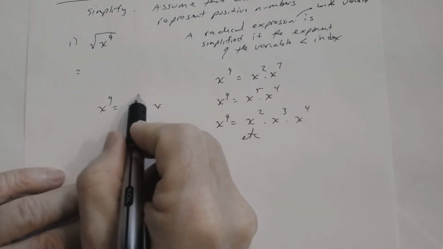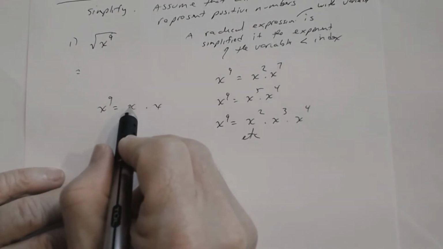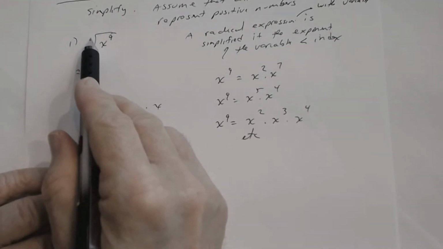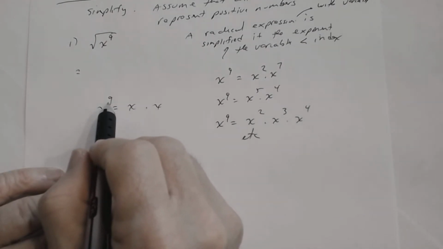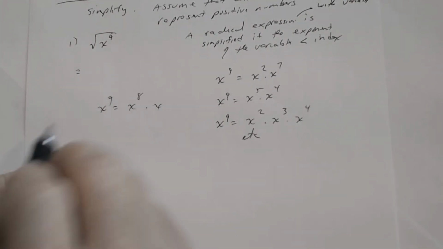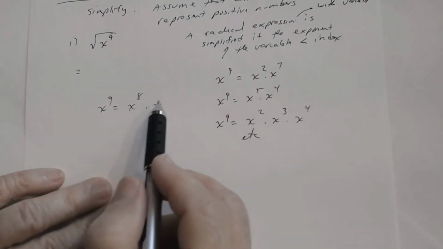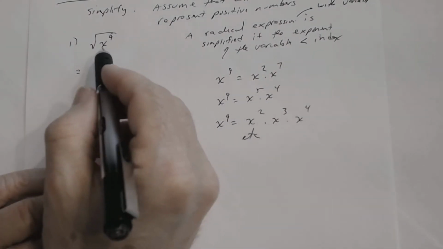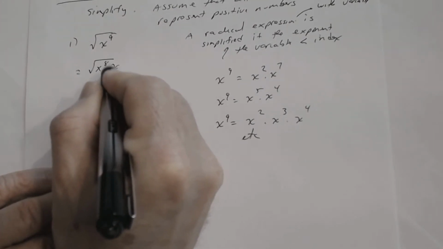You want the first exponent to be the largest even number. See, 2 is even, the index is even. What's the largest even number less than 9? 8. So that becomes x to the 8th times x. Y'all agree that's also one of the things I could have listed here? And so that's what you're going to write here. So this will become the square root of x to the 8th times x.